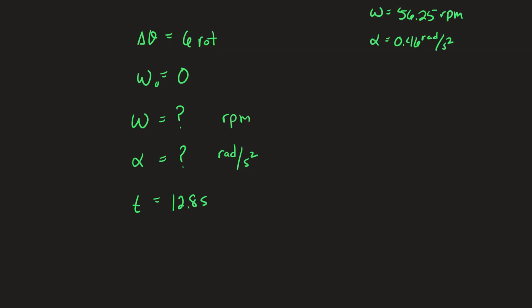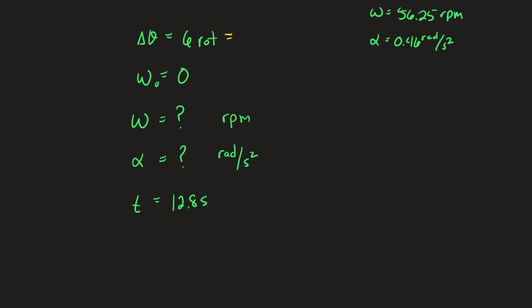Let's start with the first one. I want to calculate the acceleration. I want my answer to be in radians per second squared, so I need this in radians before I move forward. Or I could convert my final answer, but I'm going to convert this right here to radians. And I know that there's about 6 1/4 radians in every one rotation, because a rotation is 2 pi radians, right?